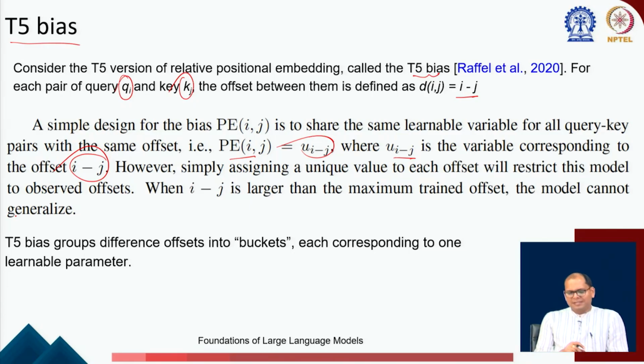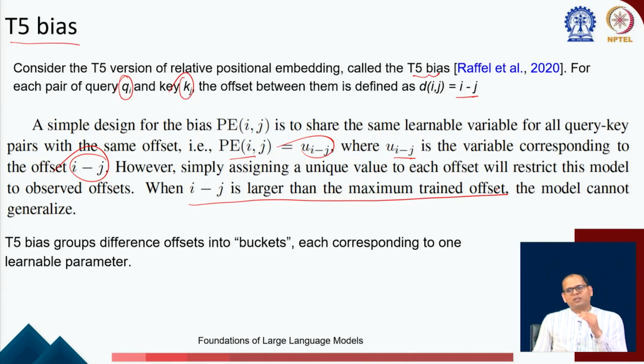But the problem is that if we assign a unique value per offset, I will get into the same kind of problem that I had with the other embeddings, because I will not be able to use it for longer offsets than what I have seen in the training. When it is larger than the maximum training offset, I cannot generalize. So, that is why T5 had an interesting idea.